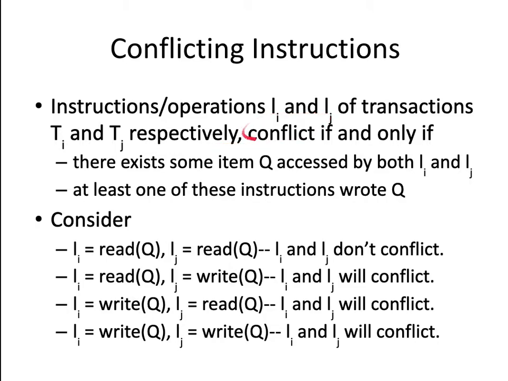Whenever we write I1 and I2, we are simply referring to the instruction belonging to Ti and Tj. That means I1 belongs to transaction T1 and I2 belongs to transaction T2 respectively. Now if both are instructions from two different transactions, what operations could we consider conflicting instructions?